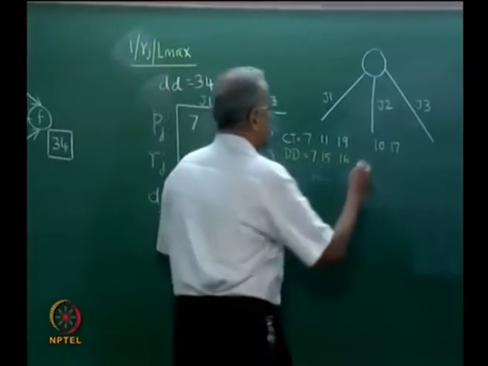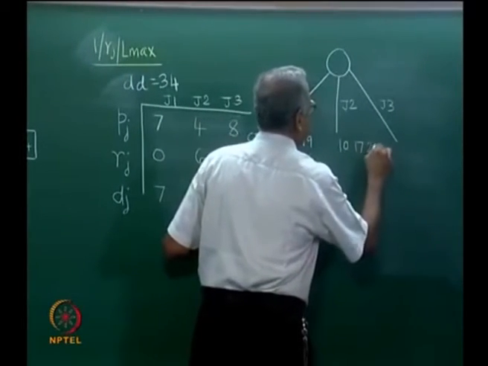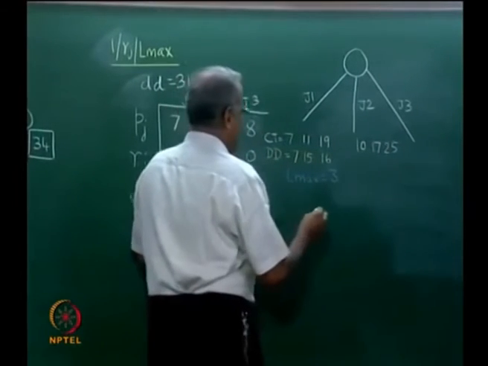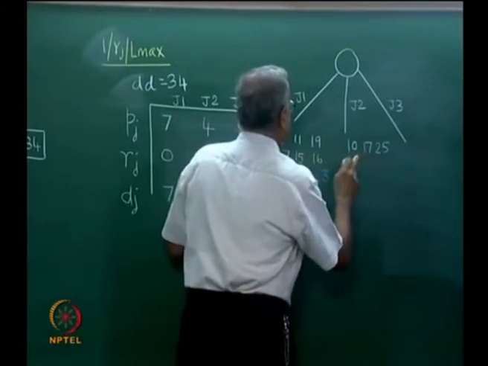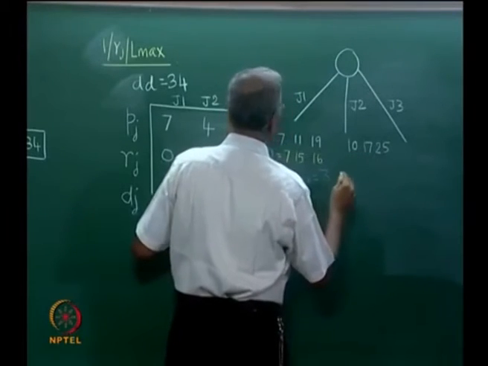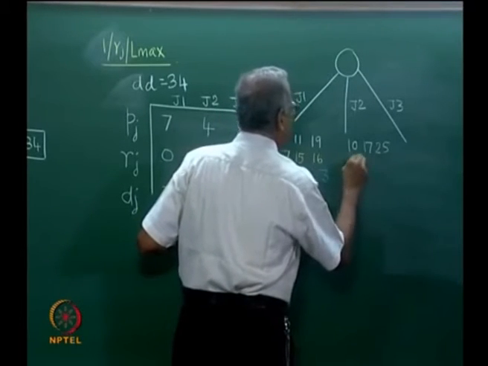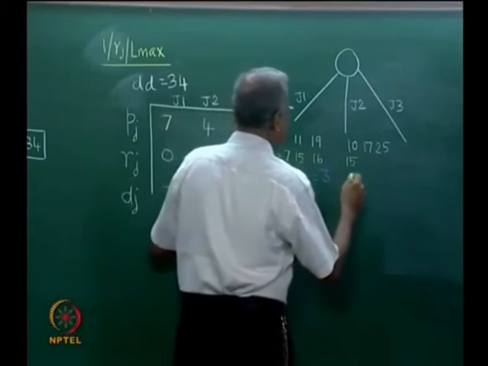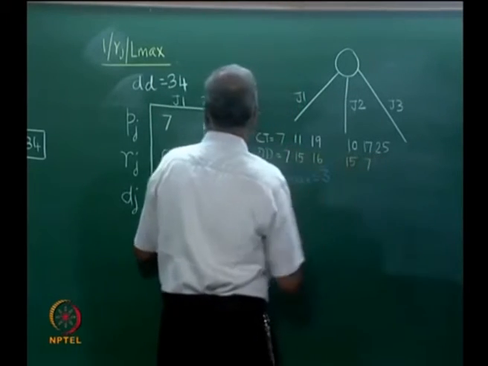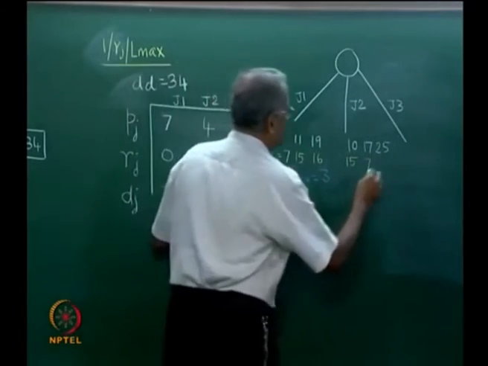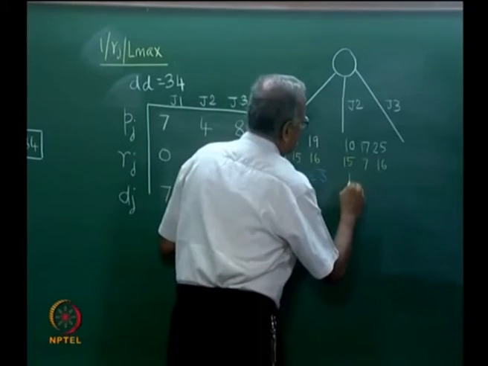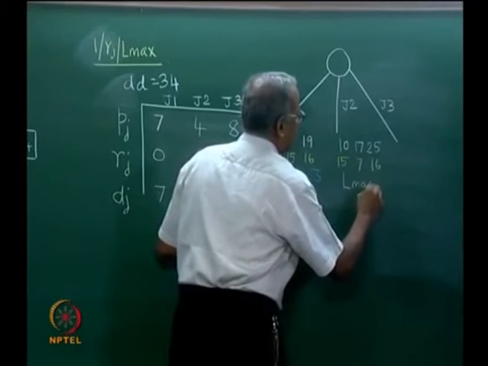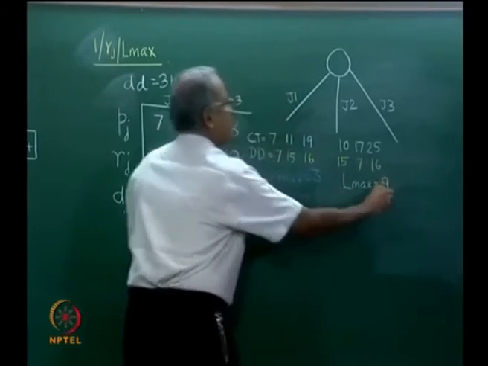So J3 will take 17 plus 8 25. So now the due dates: for job 2 the due date is 15, for job 1 the due date is 7, and for job 3 the due date is 16. So this gives us a solution with Lmax equal to 9.